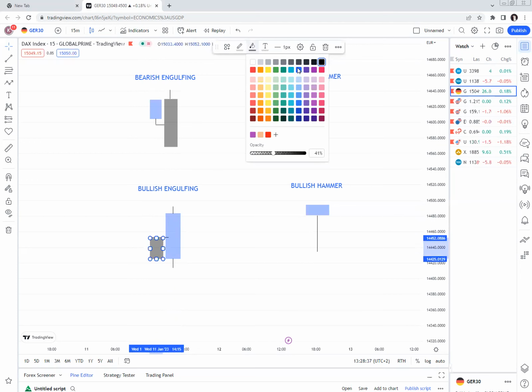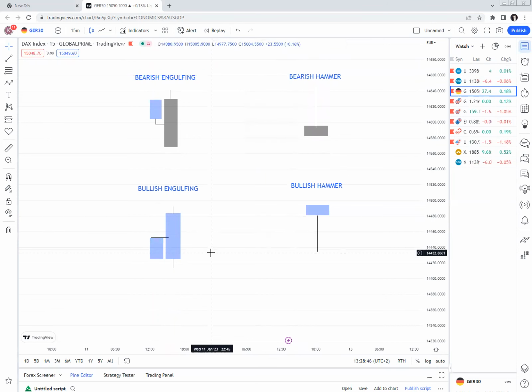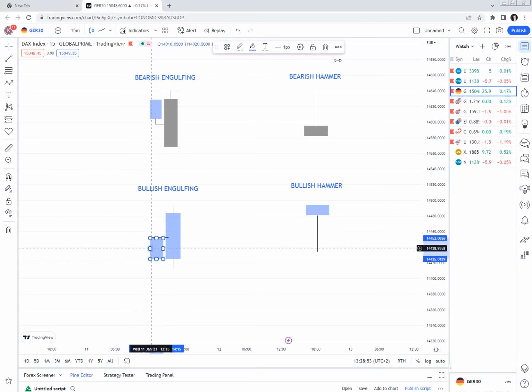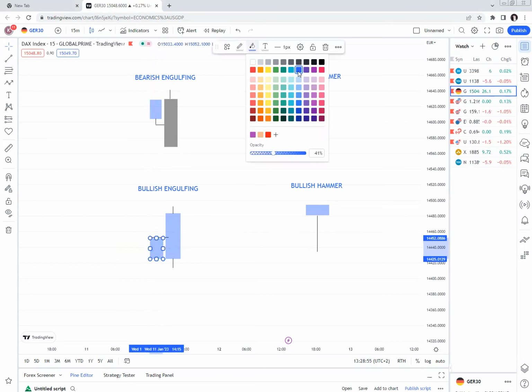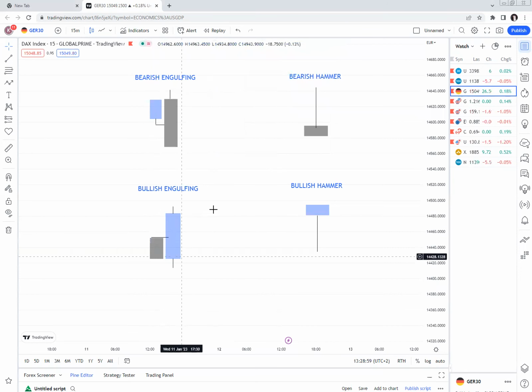Even if they were blue, or green, because a lot of people's charts are green and red. The color doesn't matter. As long as you see candlesticks engulfing each other on your zones, then you'll be executing trades.